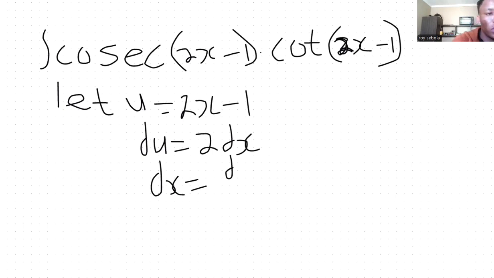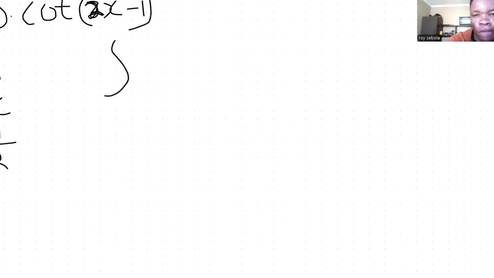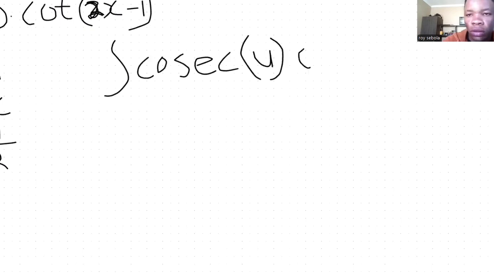Our equation said the integral of cosec, remember our function is now u, cosec u cot u, then times du all over 2.